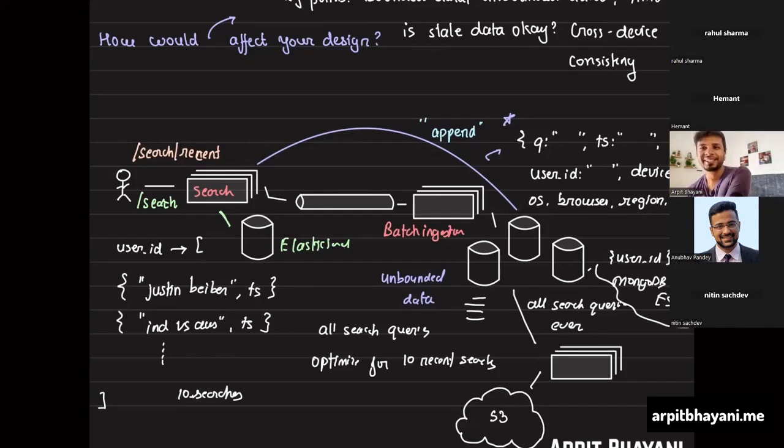Why? As there are a lot of batch operations happening. So earlier I was thinking of having some kind of combo index of user ID underscore timestamp, so that the 10 recent searches would be read from the DB directly.